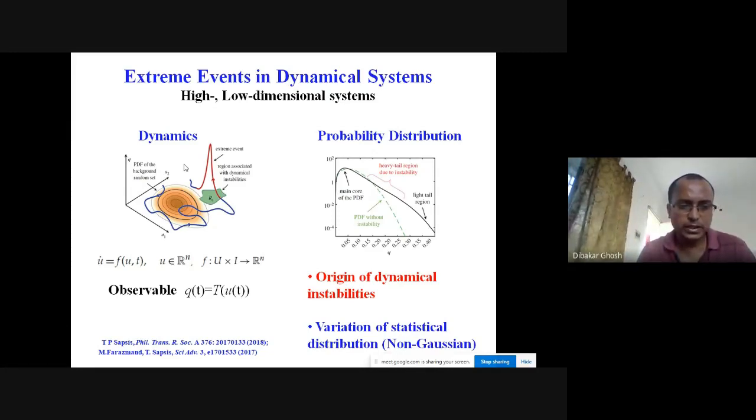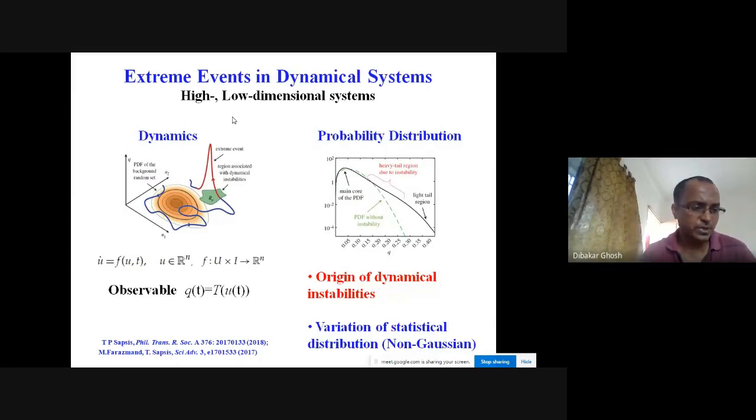However, it can occasionally leave and go far away from that nominal value. We can observe a state variable of the system, or we can define an observable Q(t) equal to some function of the state variable, to reflect the sudden and rare large deviation of the trajectory for a long time series of the events.